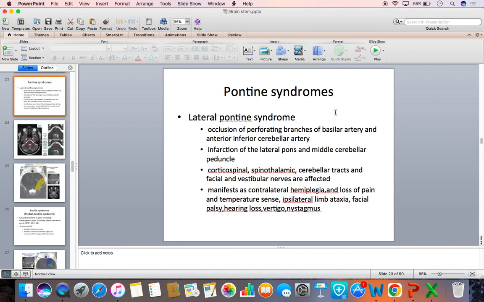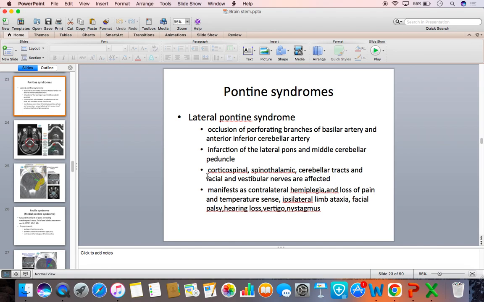Then coming to the lateral pontine syndrome. So what are the structures in the lateral part of the pons? Importantly, there are two cranial nerves, the facial nerve and the vestibulocochlear nerve, located in the lateral part of the pons.